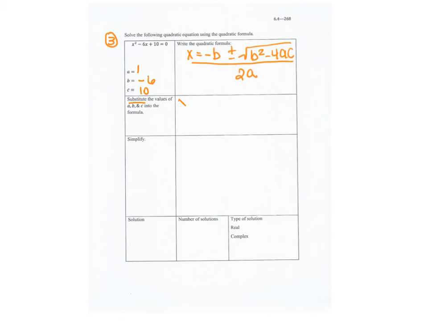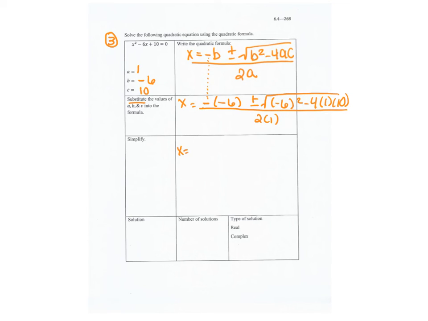Substitute those values. x equals the negative sign in front of my b, open parentheses, my b value is negative 6, plus or minus the square root of my b value, negative 6, goes in parentheses, minus 4 times 1 times 10, all divided by 2 times 1.